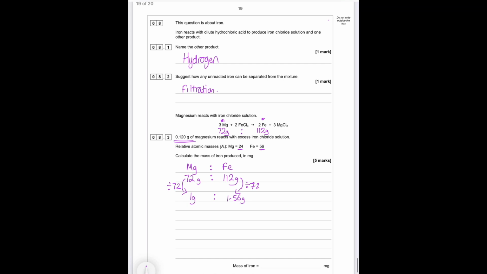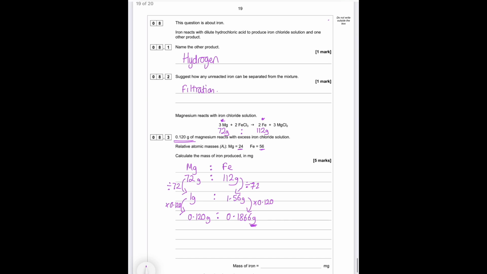Now, I don't want 1 gram, I want 0.120 grams. So I would multiply my 1 gram by 0.120, which means I would do the same to the other side. I have to multiply by 0.120, and that means that 0.120 grams of magnesium produces 0.1866 grams of my iron.